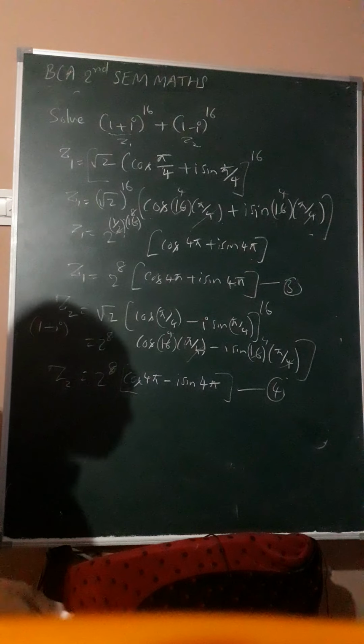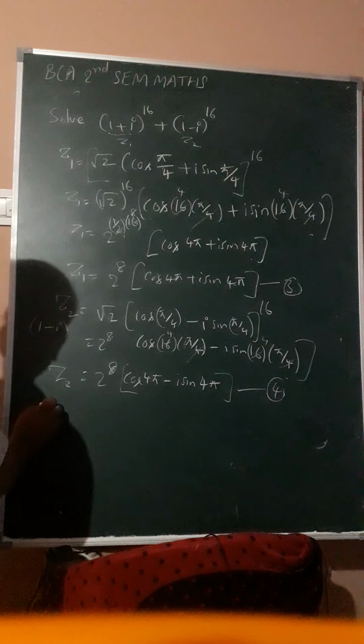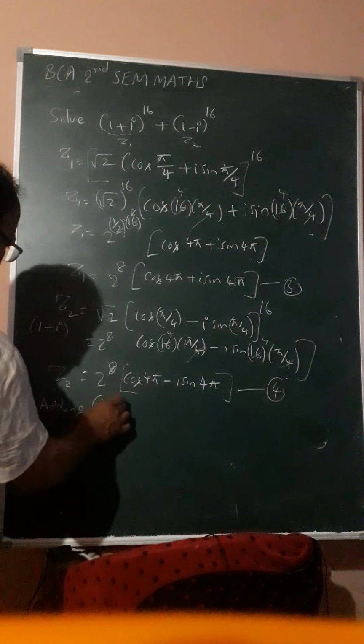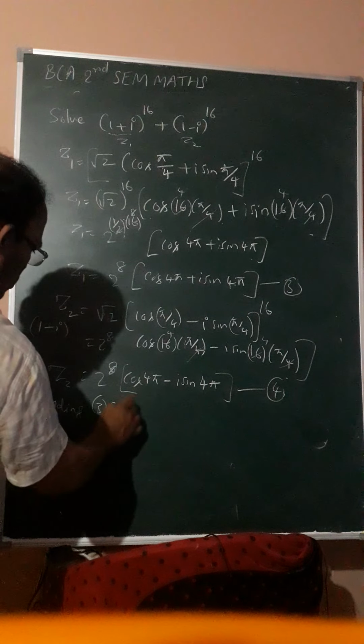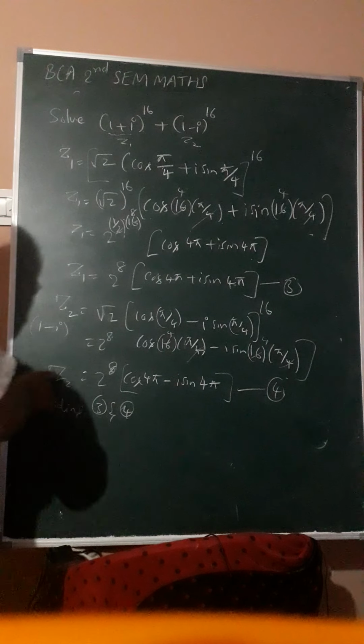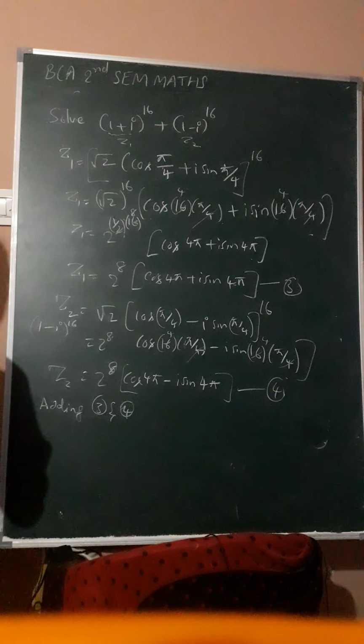Adding equations 3 and 4. Z1 is 1 plus i to the power of 16, and Z2 is 1 minus i to the power of 16.